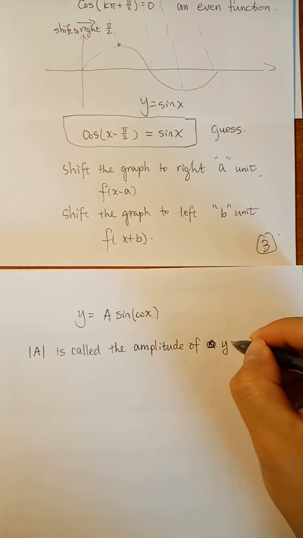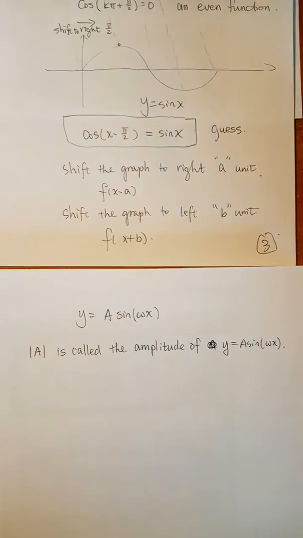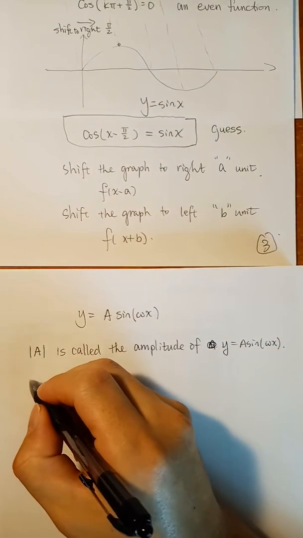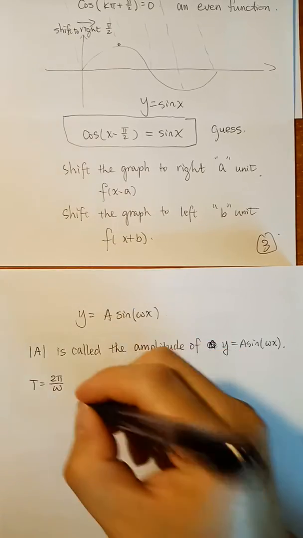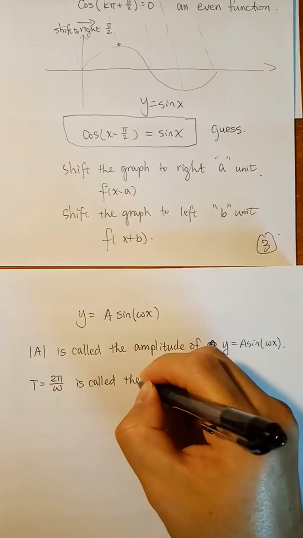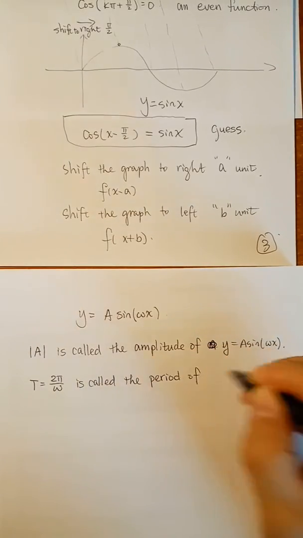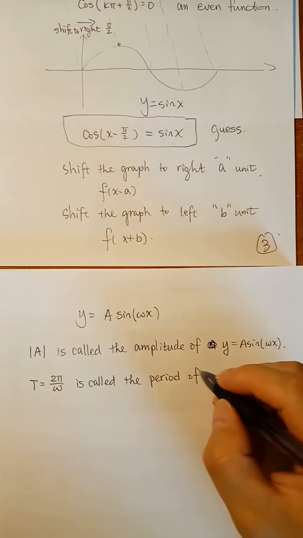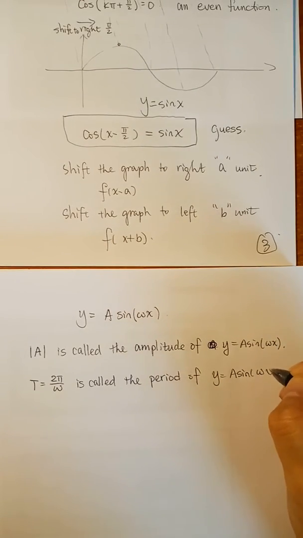The absolute value of a is called the amplitude of y equal to a sine omega x, and the quantity 2 pi over omega is called the period of y equal to a sine omega x.